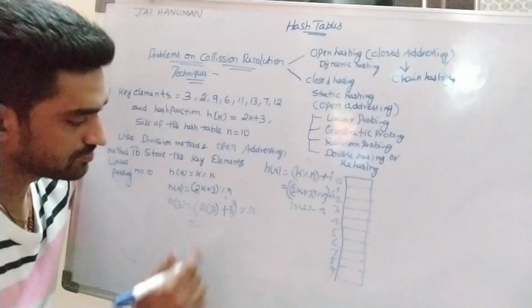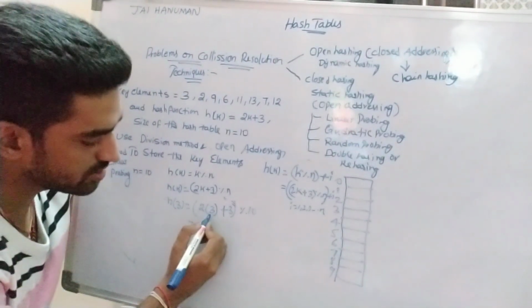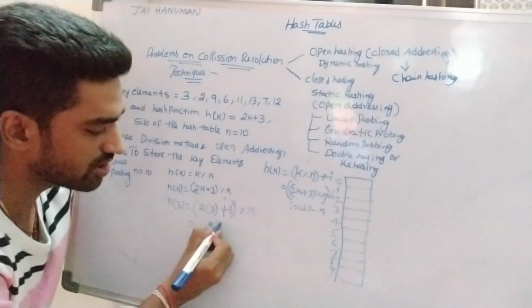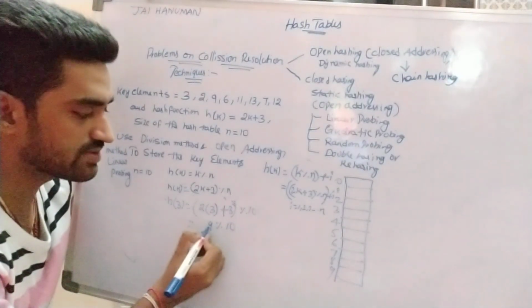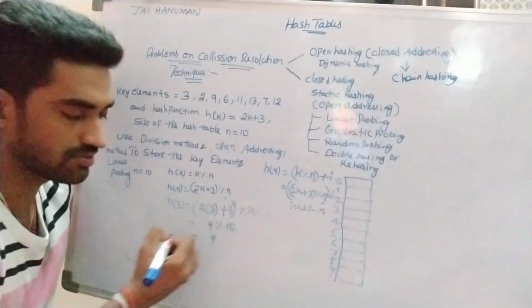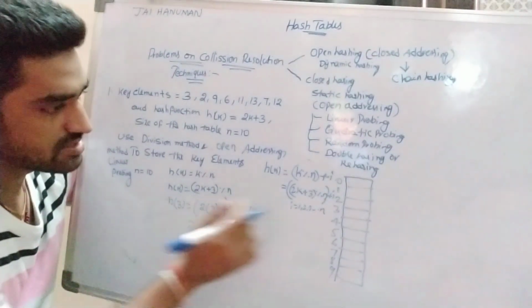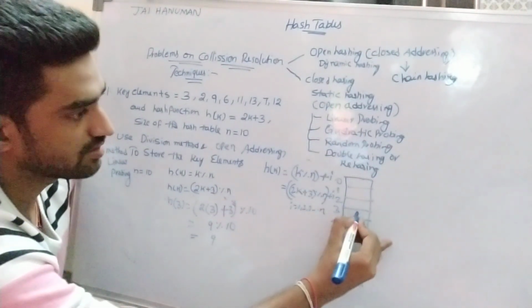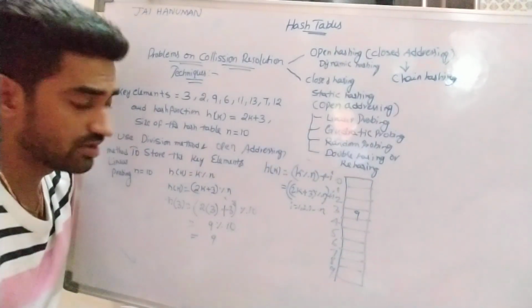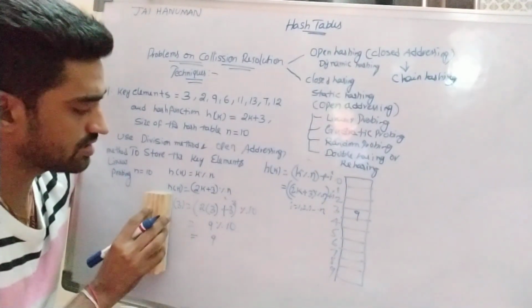Right? So here 2 into 3, 6 plus 3, 9, 9 modular division of 10. So always the smaller value is returned as the result. So 9. Right? So at the ninth position we are inserting the key element 9. Fine. So what is the next inserted key element?